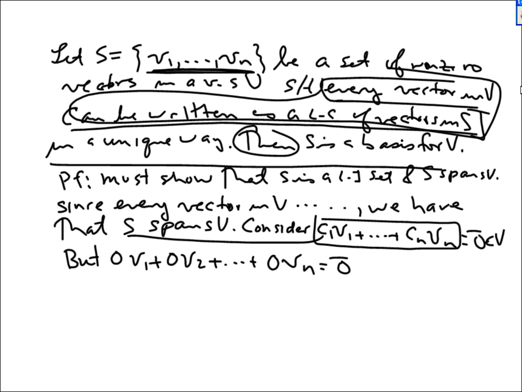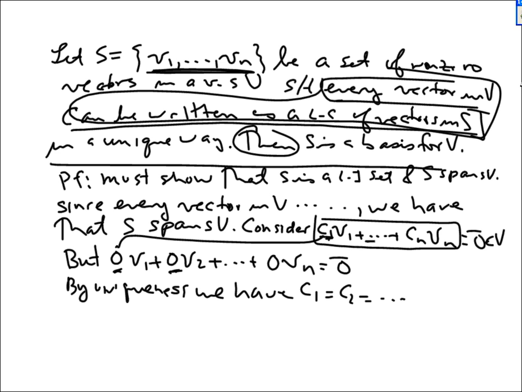So, by uniqueness, we have C1 equals 0, C2 equals 0, all the way down to Cn equals 0. They all equal 0.